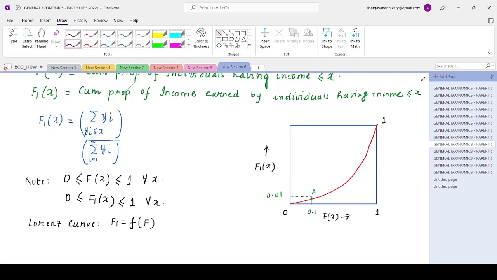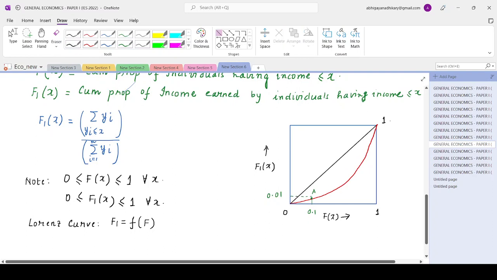Because if you just draw a straight line joining the two diagonals, it is basically the y equals x line, right, the 45-degree line. So if this is 0.1, then the corresponding point on this will be 0.1. So since the actual Lorenz curve, which is this one, is lying below, it is 0.01.